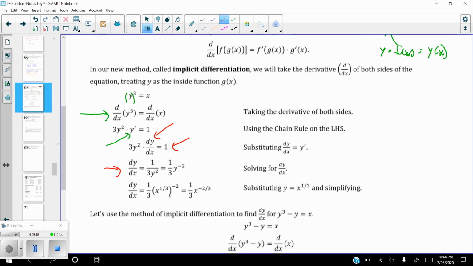So you would get dy dx equals 1/3 x to the 1/3 raised to the negative 2, and then 1/3 x to the negative 2/3. Wow, x to the 1/3 to the negative 2 is the same as x to the negative 2/3. And that's only because we could actually solve this right here for y. So y here would be x to the 1/3 power. All right, it's not as challenging as what I just made it.